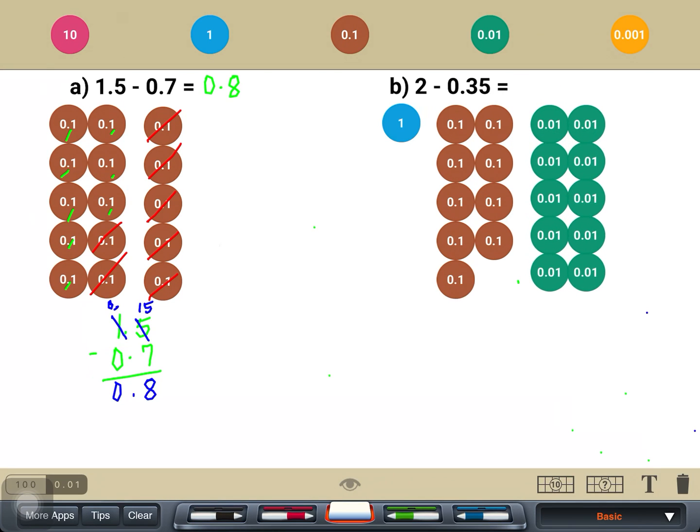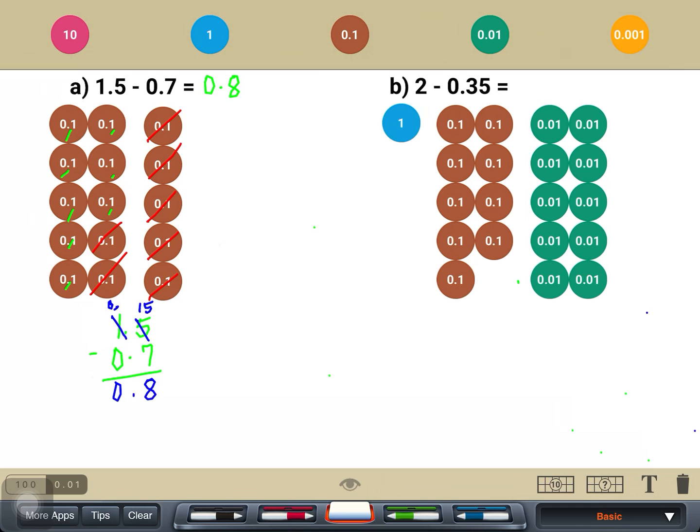Okay, so I can just regroup it right there. Now I have here 1 ones, 9/10, and then 10 hundredths, which is also equal to 2 wholes. I did not change anything, I just regrouped the values for us to be able to subtract.